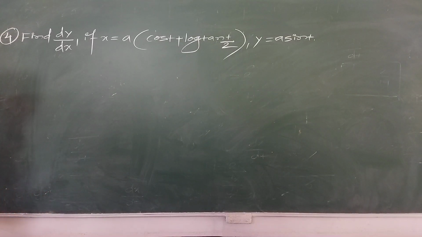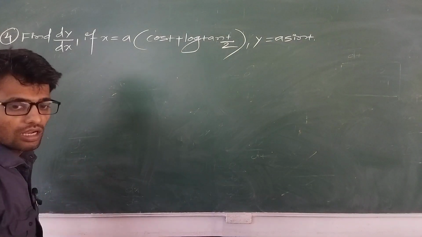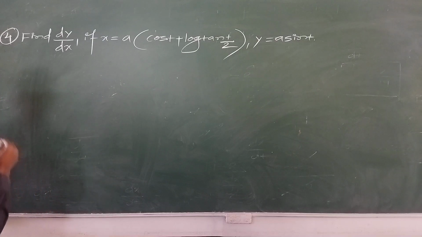See, we find the value of dy by dx if x equal to a inside bracket cos t plus log tan t by 2 and y equal to a sin t.